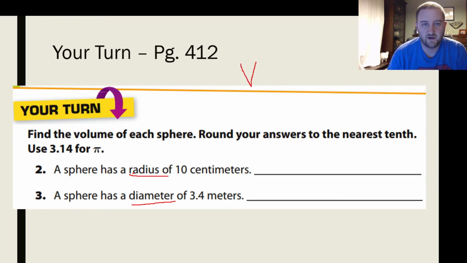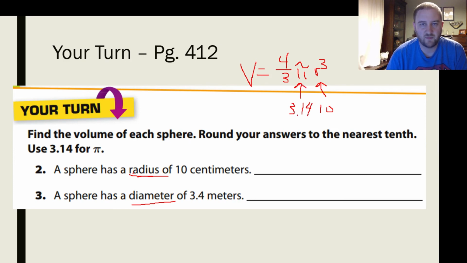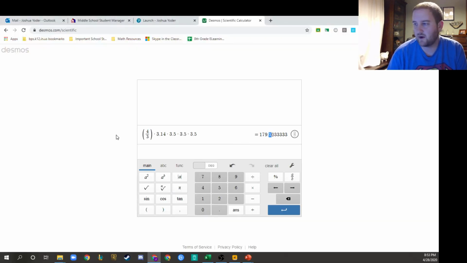Okay, let me write down our formula. Volume equals 4/3 pi r cubed. So if we have a radius of 10, I'm just going to plug 10 in for r here, and I'll plug 3.14 in for pi. So let's go back over to our calculator. We've got 4/3, we've got 3.14.